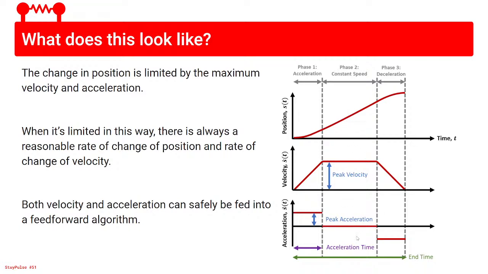So once you have graphs that look like this, if you're trying to combine position PID with feed forward, you can feed this position set point into PID, and then you can feed velocity set points from this graph and acceleration set points from this graph into feed forward. So there are two rates of change going on here: one for the velocity to get a value on this curve, and another to get a value on this curve.